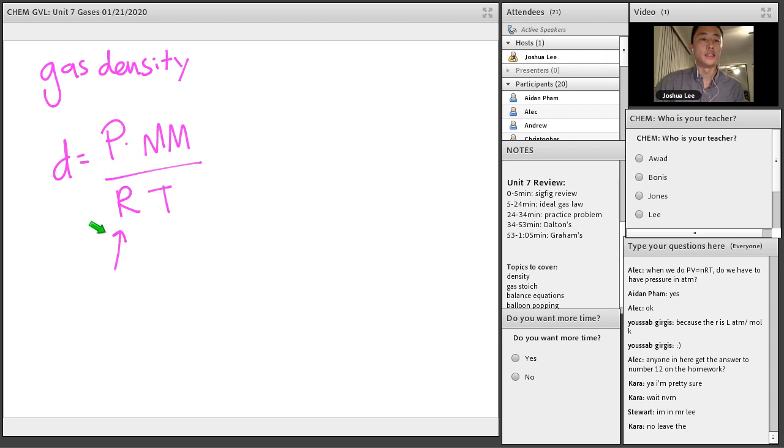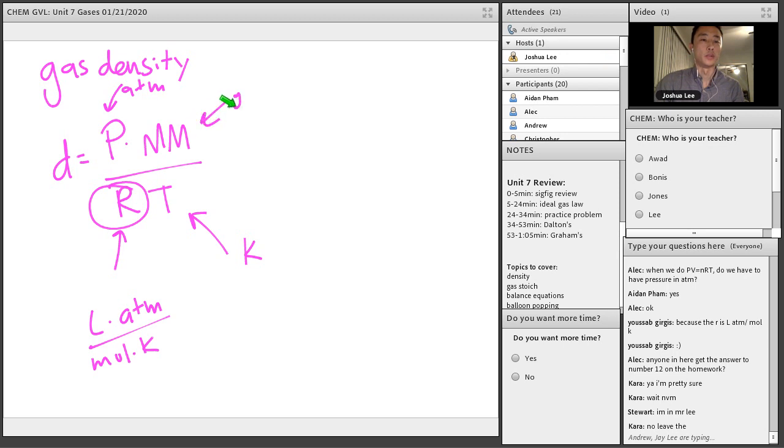And since in this case we're using R, liter atm over mole Kelvin, temperature has to be in Kelvin, pressure has to be in atm, and then molar mass will be grams per mole. And anytime you solve for density, it'll usually be left with grams per liter.